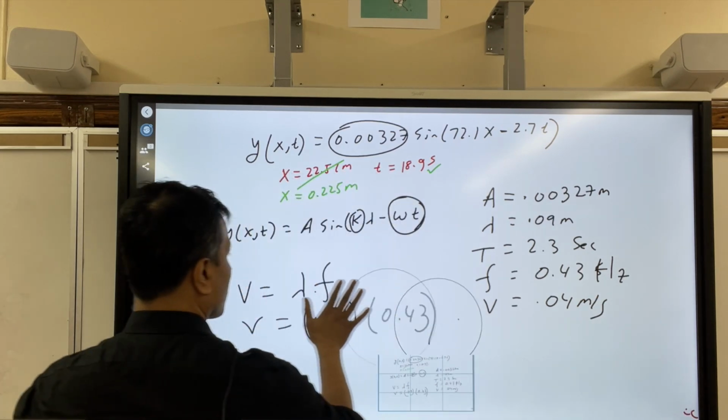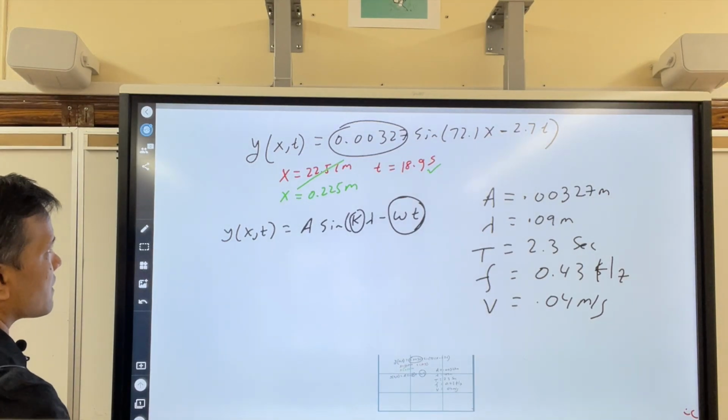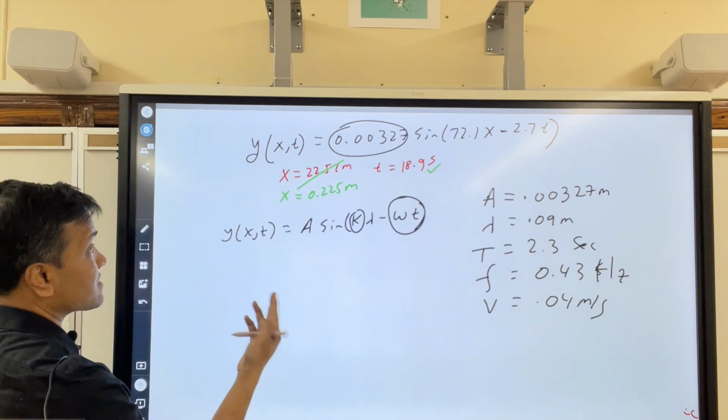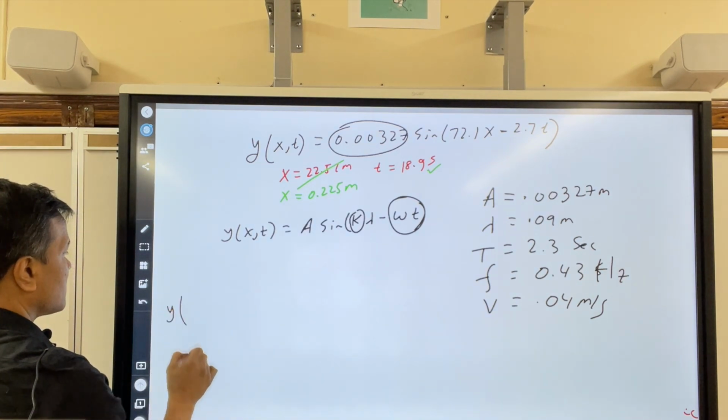Now finally we want to find the displacement. How can I find the displacement? I want to find the height at a function of time.